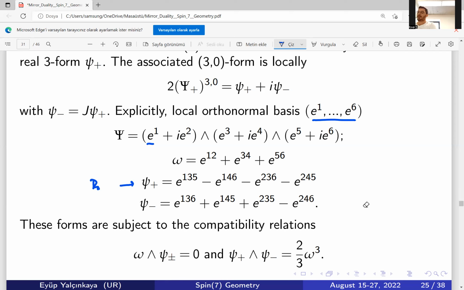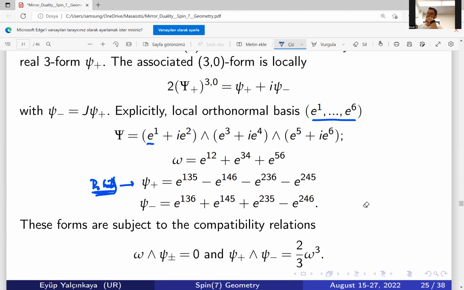Think about that. This is the real part, and you can check that the real part of omega is smaller than or equal to 1 on each element, because the length of this one is just 1, and from here we can define at least one calibration.